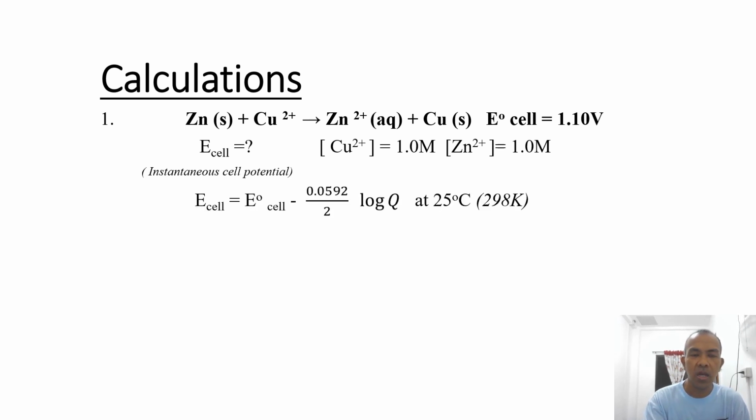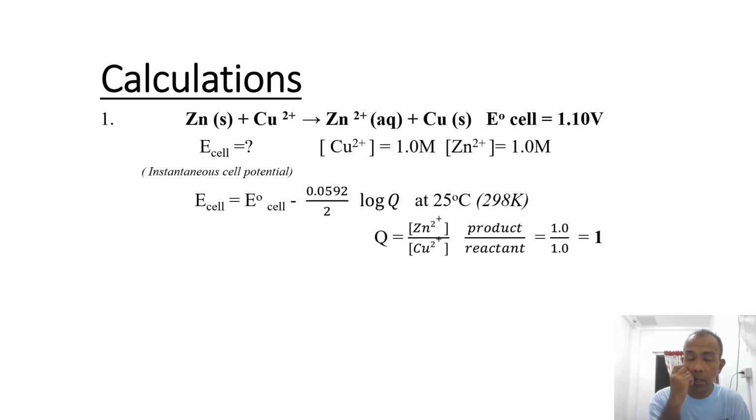So using this equation at 25 degrees Celsius, for the reaction quotient we divide product by reactant, so we have zinc 2 plus over copper 2 plus. We need to think of the reaction quotient Q as the same as the equilibrium constant expression.